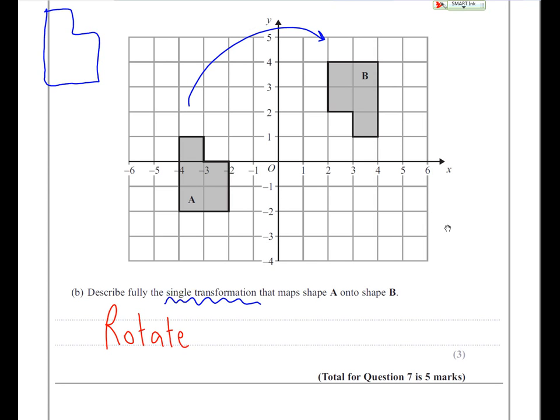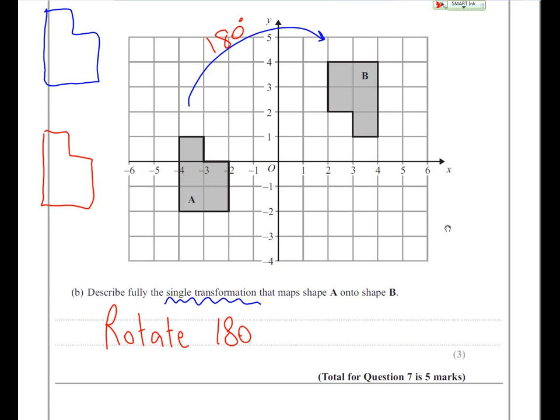Rotate. What angle has it been rotated? Can we do this on the screen? No, we can't spin it round, I'm afraid. Would have liked to do that for you. But if you imagine spinning it, it has gone half a turn around, 180 degrees.